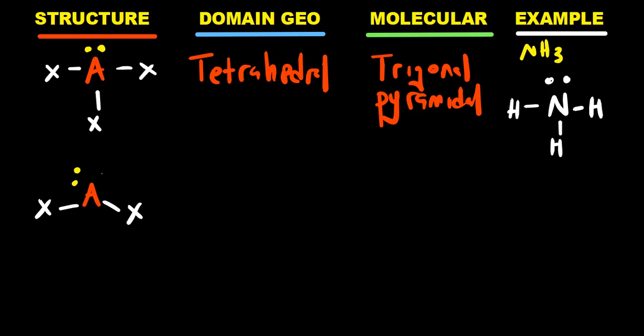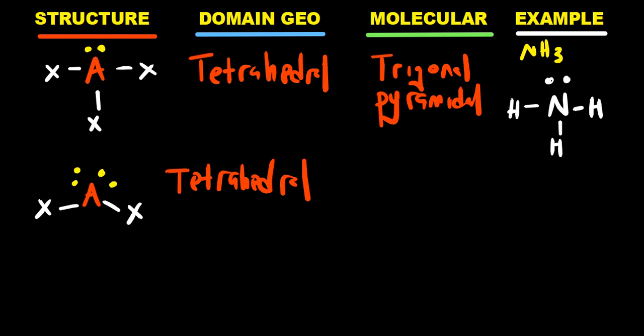So what would be the electron domain geometry? You're able to see how many regions are going to have electrons? 1, 2, 3, and 4. So this is still tetrahedral.